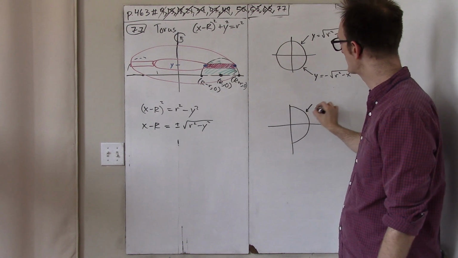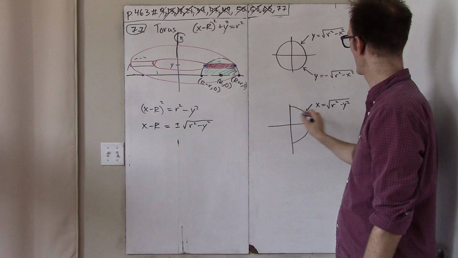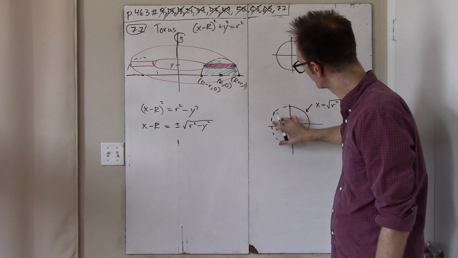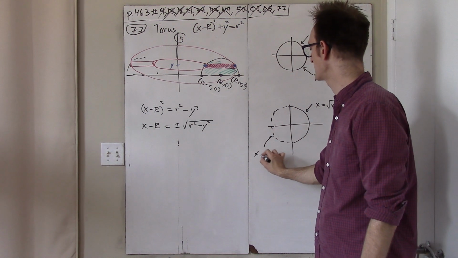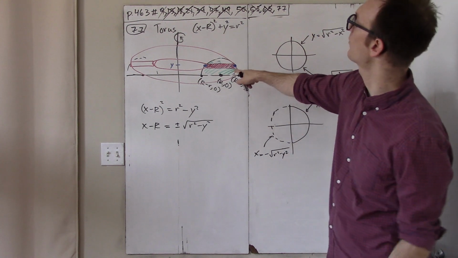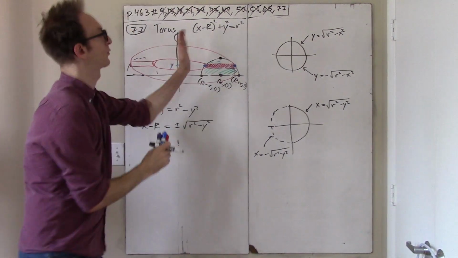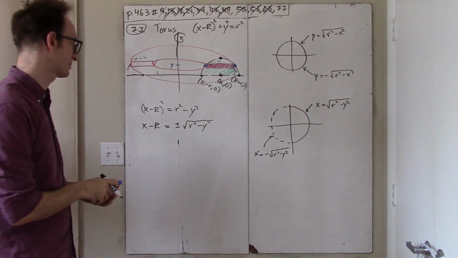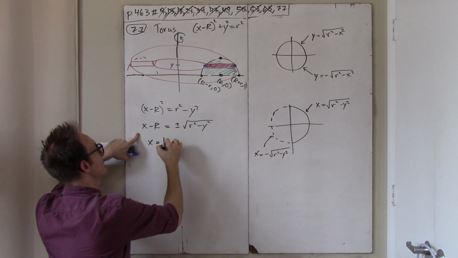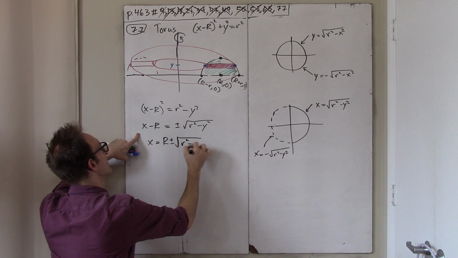So this right semicircle is x equals root r squared minus y squared, and the left semicircle is x equals negative root r squared minus y squared. Both of those are relevant because we really do have a different equation for the right half and the left half. That's borne out in the algebra, because this is really x equals big R plus or minus root r squared minus y squared.